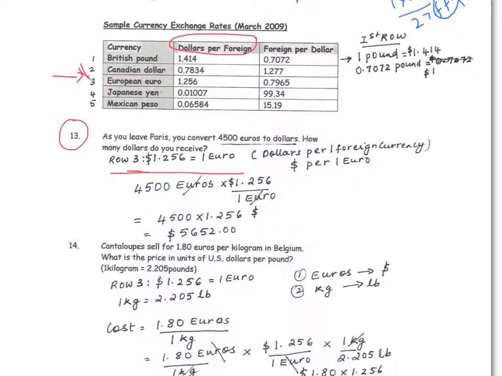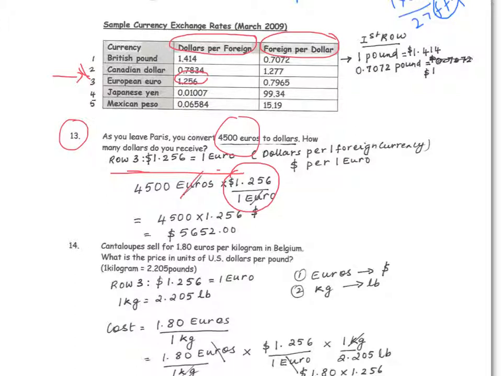Notice this is dollars per foreign currency, and this is foreign currency per dollar. From that information, we know that $1.256 is equal to 1 euro, because we're converting dollars to foreign currency. Now we have 4,500 euros, and we need to convert it to dollars. In any conversion equation, we have two ratios, but we multiply with the ratio that works for us.